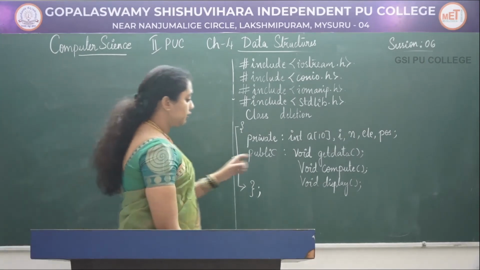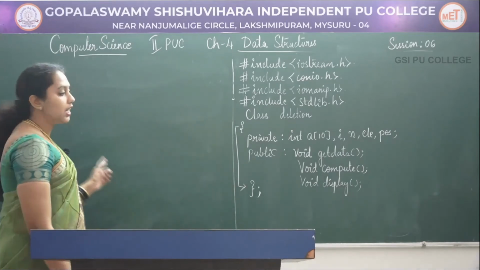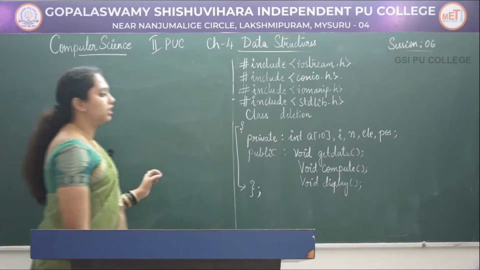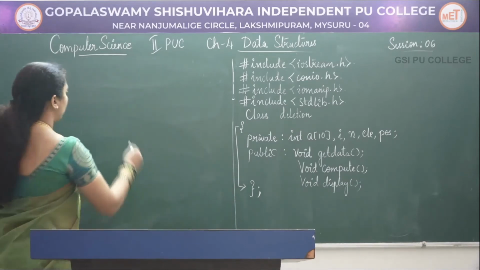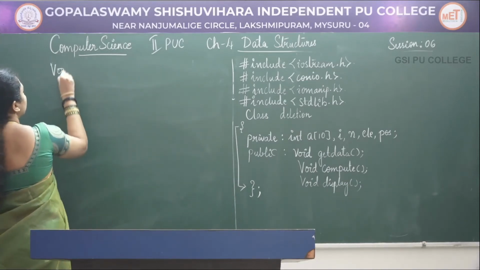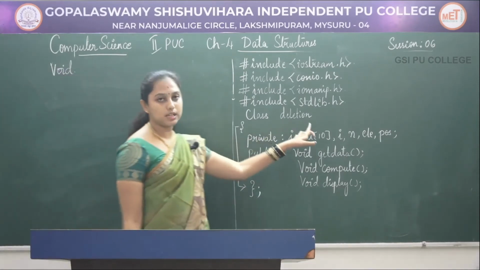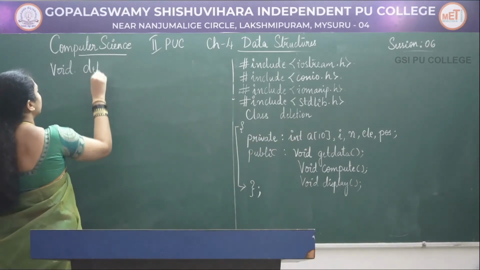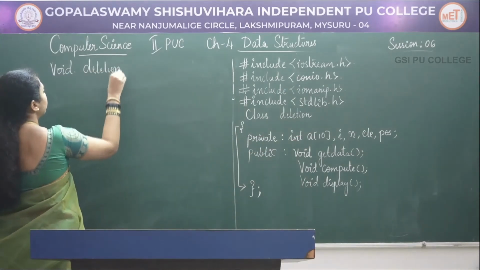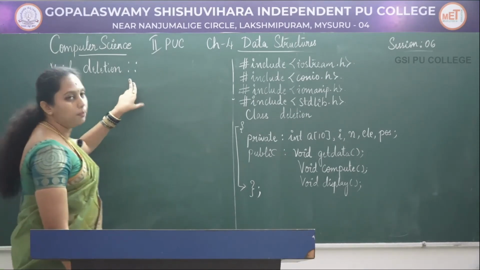Now I am declaring the function outside the class. So for that we have to mention the return type first. The return type is void followed by the class name. What is the class name? The class name is Deletion, followed by a scope resolution operator.